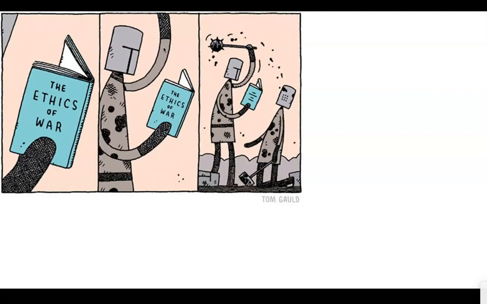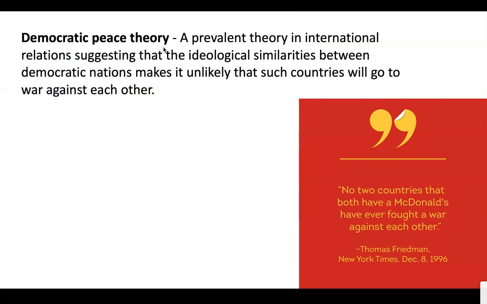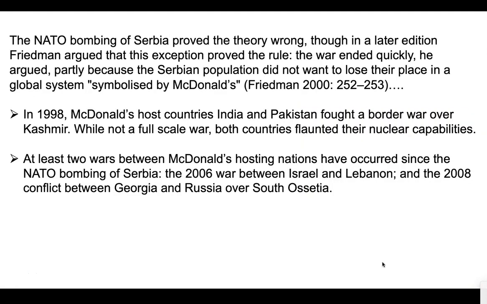So we talked about just war last time. Let's talk about a couple of different ideas and theories and take this somewhere. Democratic peace theory is the idea that democratic nations don't go to war with each other, or are much less likely to. And there's also the McDonald's thesis by the New York Times writer Thomas Friedman: no two countries that have a McDonald's have ever fought a war against each other. That's actually not true.